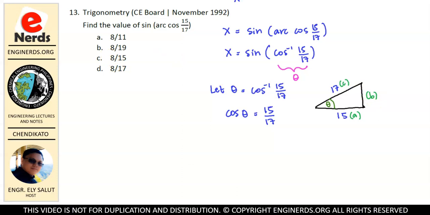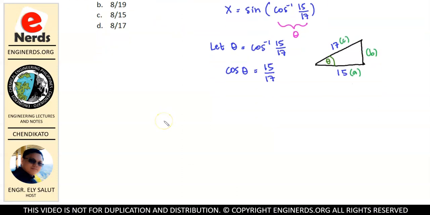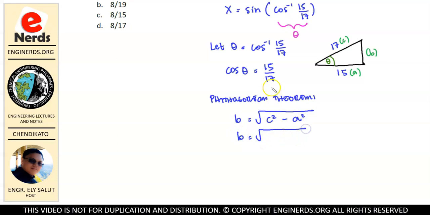And of course, we can solve for that using Pythagorean theorem, ano? So, let us use our Pythagorean theorem. So our b is equal to the square root of c squared minus a squared. So our b is equal to the square root of our hypotenuse 17 squared minus our a 15 squared, no?